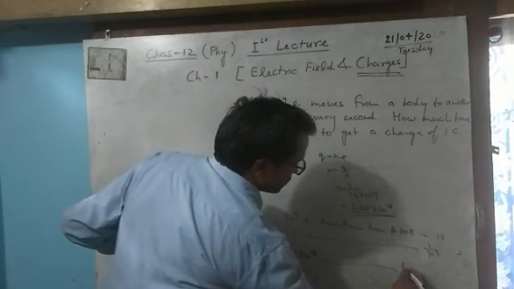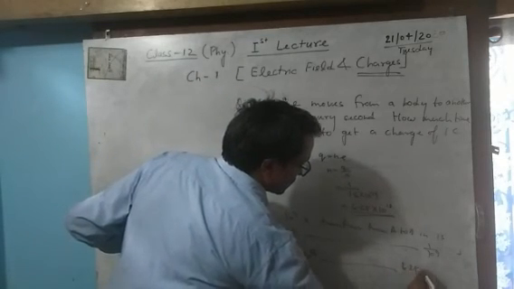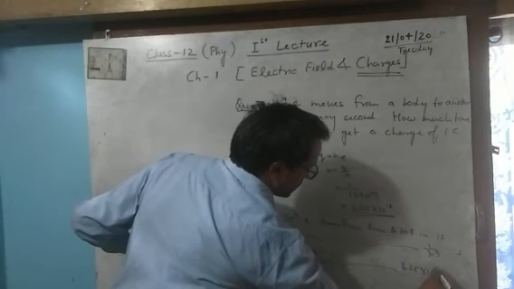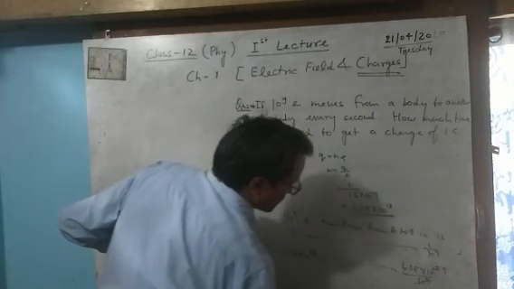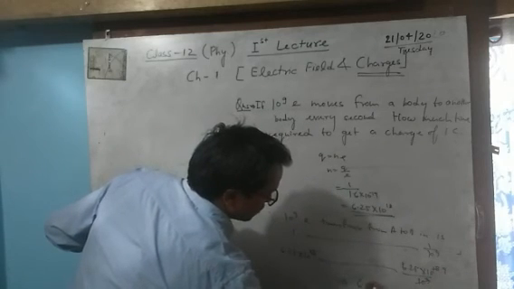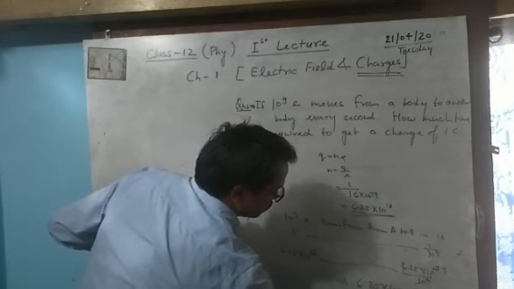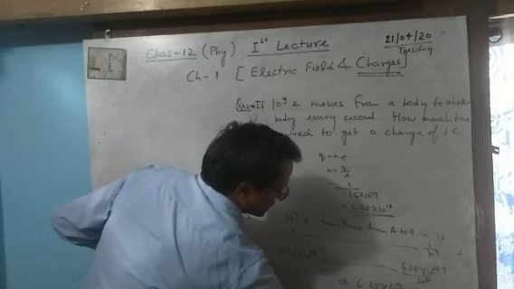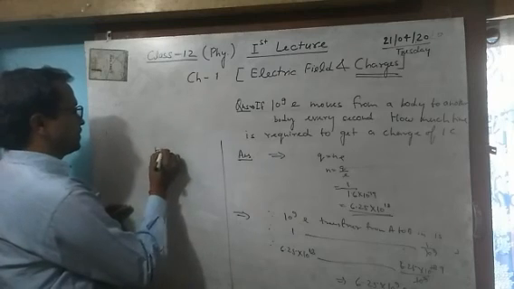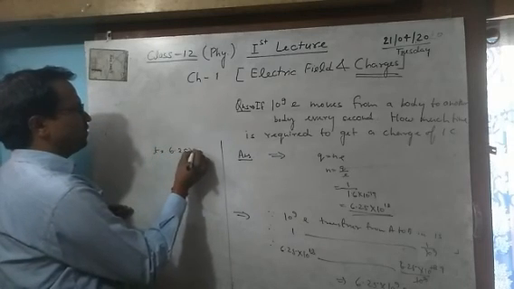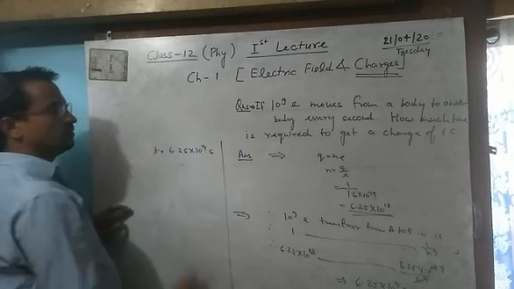This is 6.25 into 10 to the power 18 by 10 to the power 9, and this means 9. So this is 6.25 into 10 to the power 9 seconds. So time is 6.25 10 to the power 9 seconds.